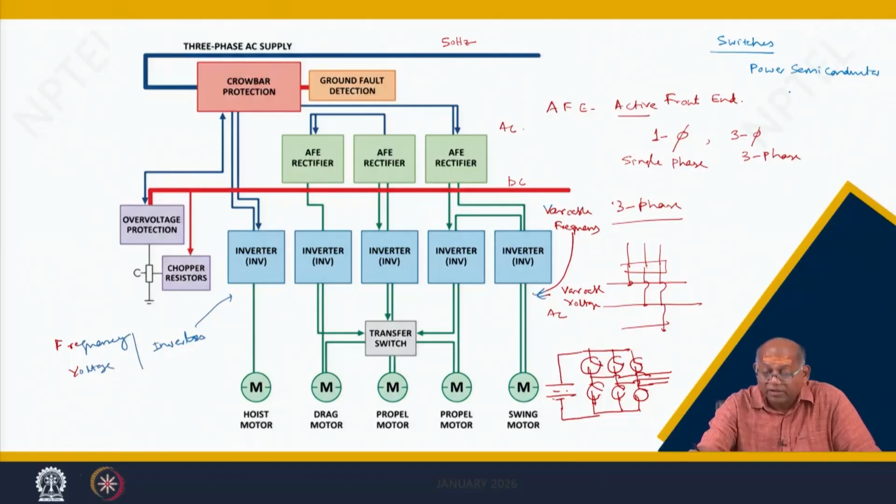They are called power transistors, power MOSFETs, metal oxide field effect transistors, then IGBTs, insulated gate bipolar transistors. IGBT full form is insulated gate bipolar transistors.